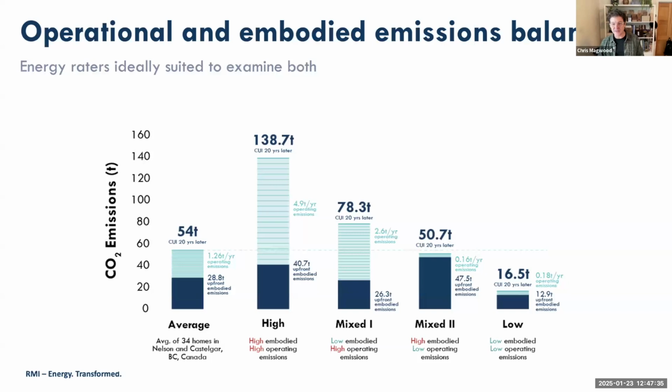An electrified passive house, there just is no better answer on the operational side. And if you can achieve that with really low upfront embodied carbon, what you get is something where after 20 years, this building only has 16 and a half tons of emissions. That's like half of what it took to make the average building, and you can make it and run it for 20 years on half of that.